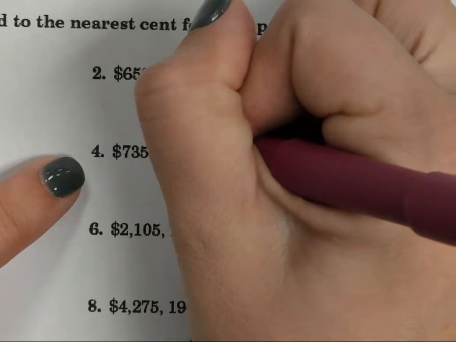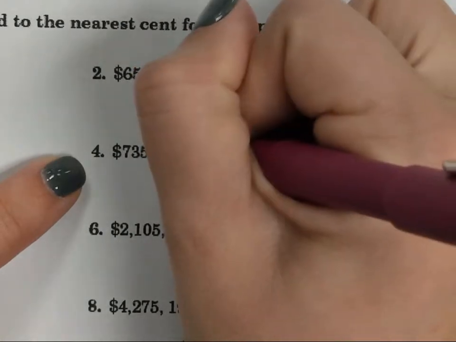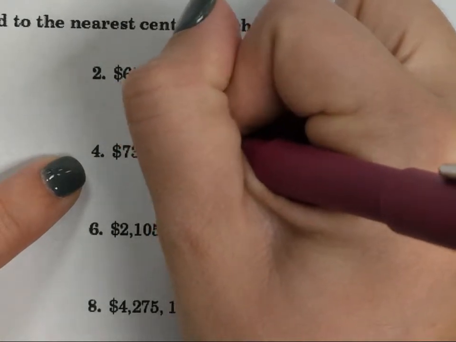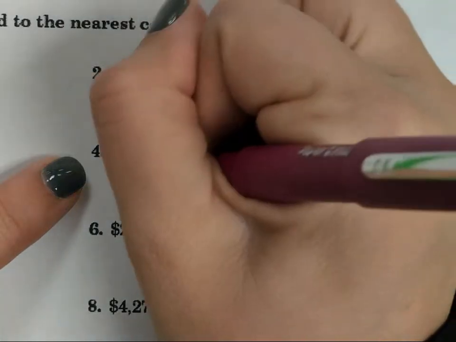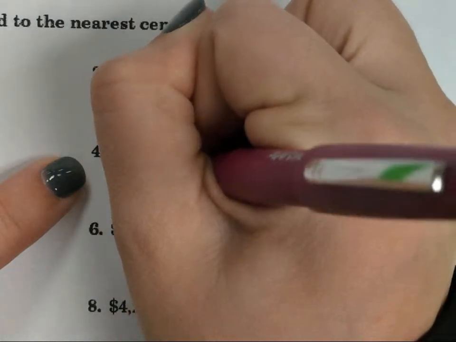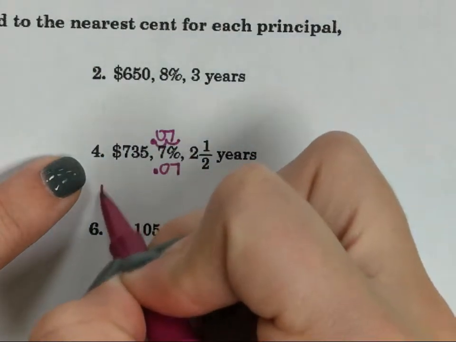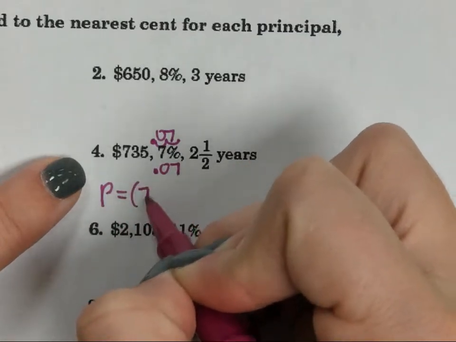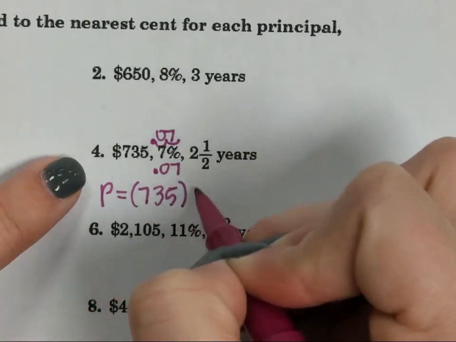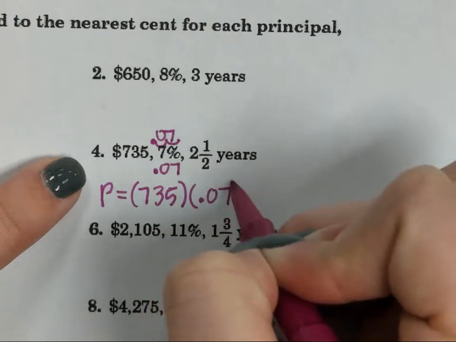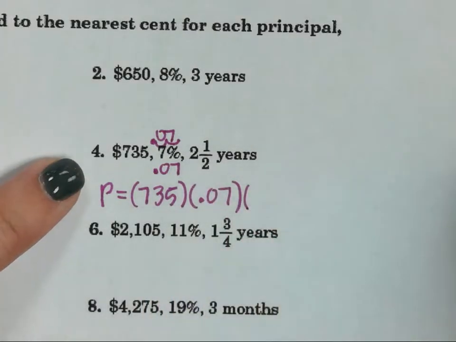First thing I need to do is convert that 7 to a decimal. So what is it? 0.07. So then I'm going to multiply 735 times 0.07 times 2.5.